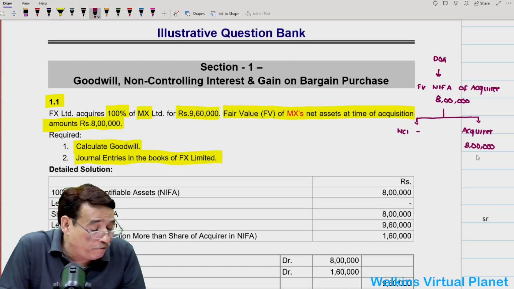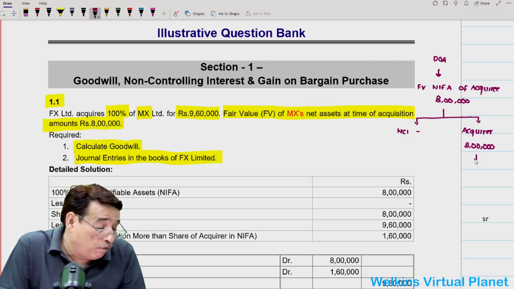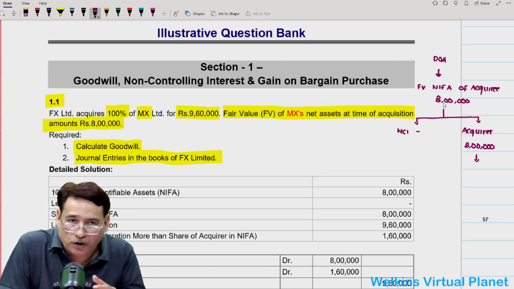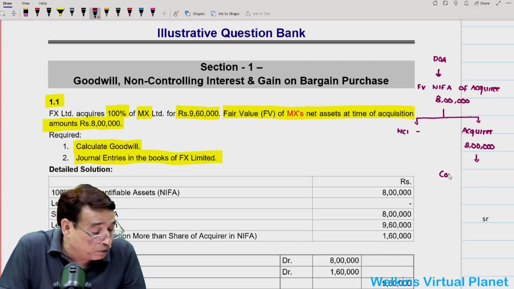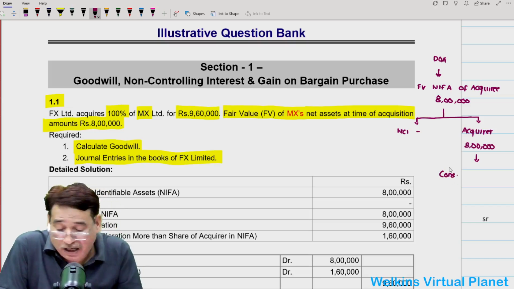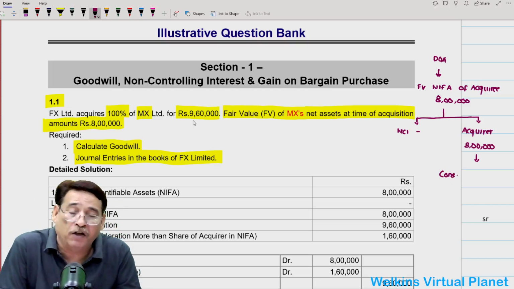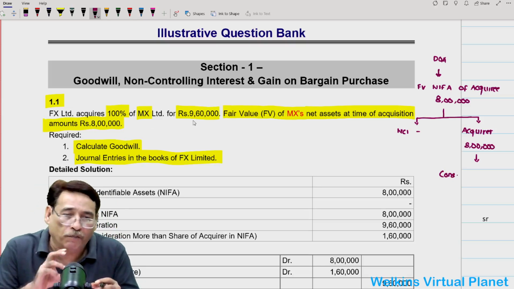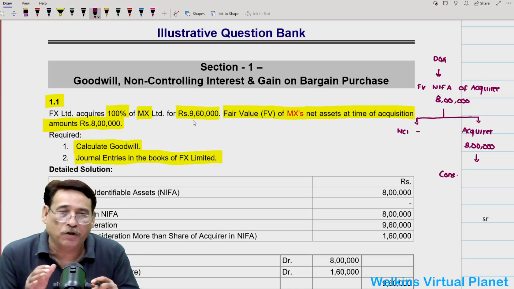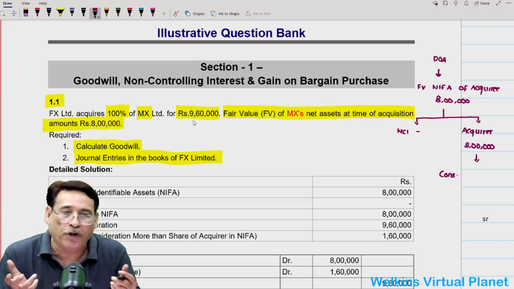So once you have found out what proportion of the total net asset belong to the acquirer company, now you have to compare it with the amount of consideration. Now this time it is stated in the question that consideration amount is 9,60,000. Mode of payment is not given. So if mode of payment is not given, always presume that consideration has been paid by way of cash.